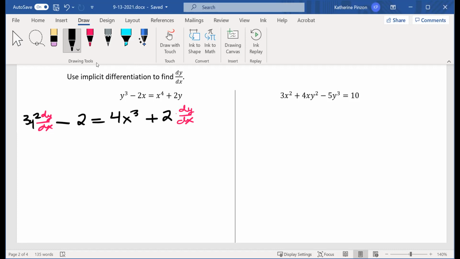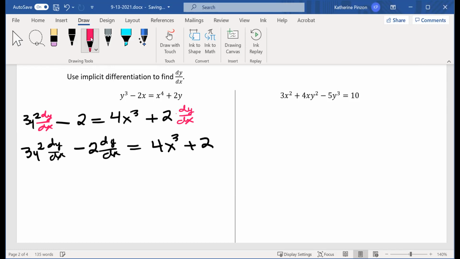Add it. So the left side is going to look like 3y squared dy dx minus 2 dy dx equals 4x cubed plus 2. So this guy came over there, and this guy went over there.